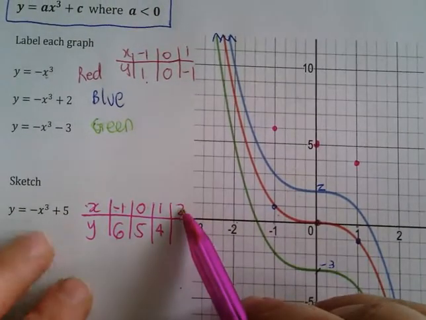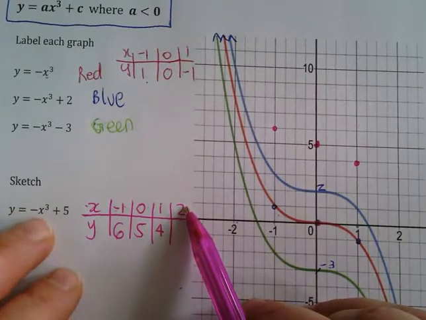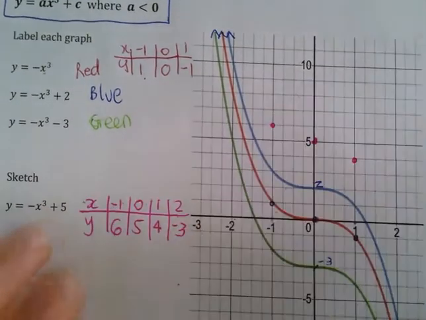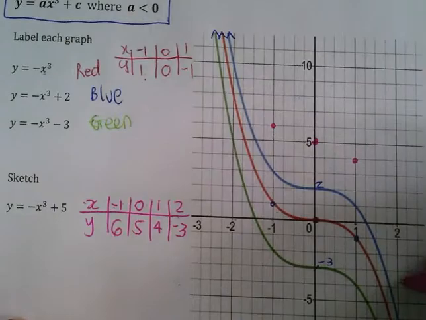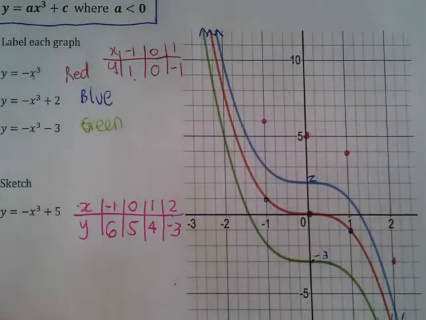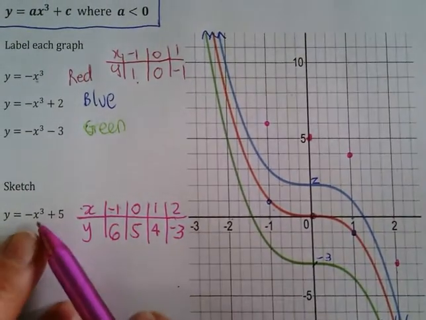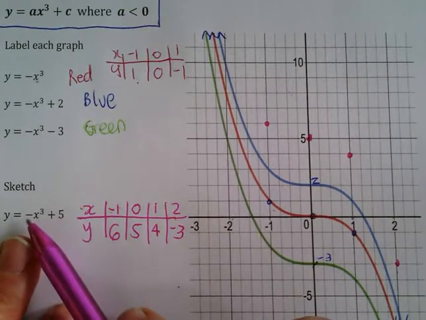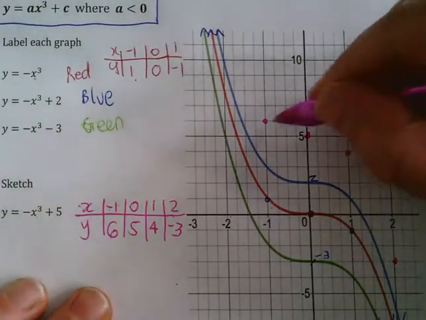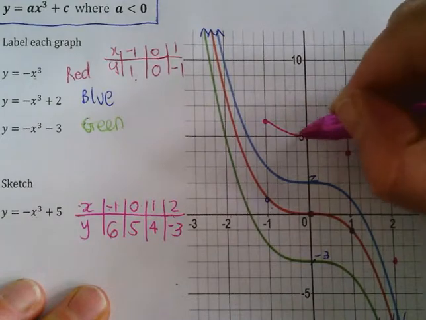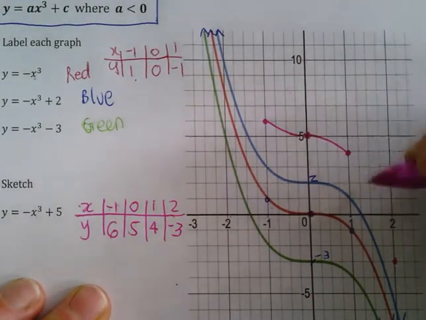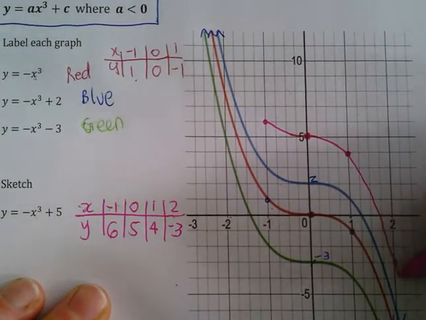And 2 cubed is 8, so -8 plus 5 is -3. So 2, -3. I'll just see what -2 gives me. It gives me 13, but that doesn't fit on my graph. So we just join the points with a smooth curve.